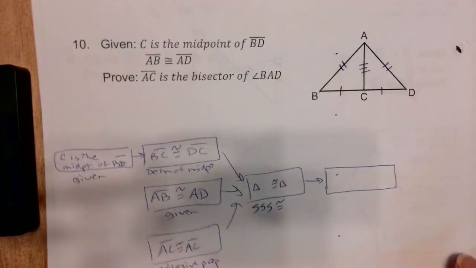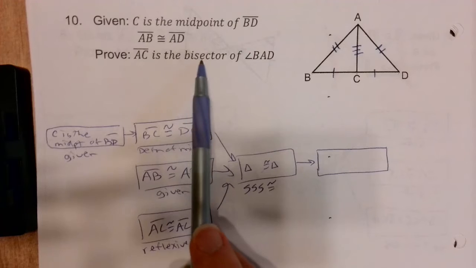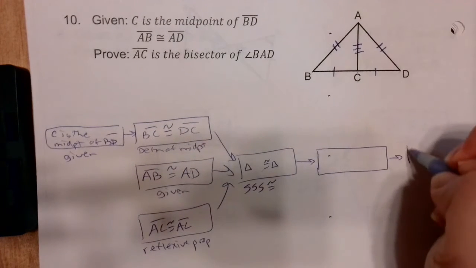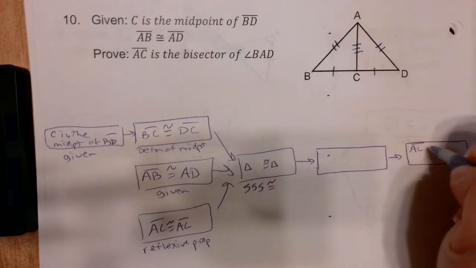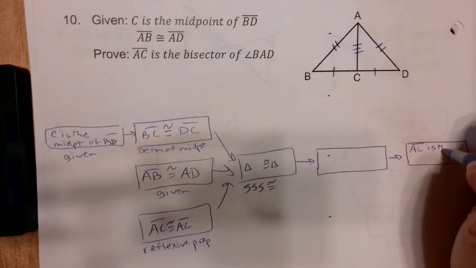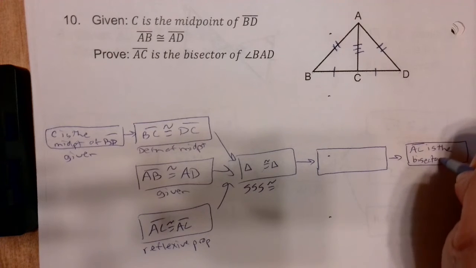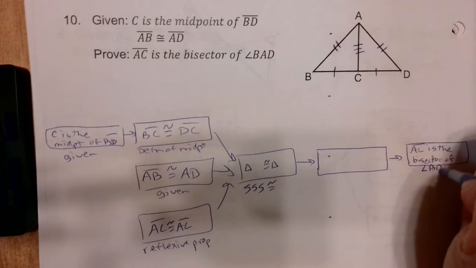So we do another box. But this one says bisector, which means it actually goes in the 3rd box. AC is the bisector of angle BAD.